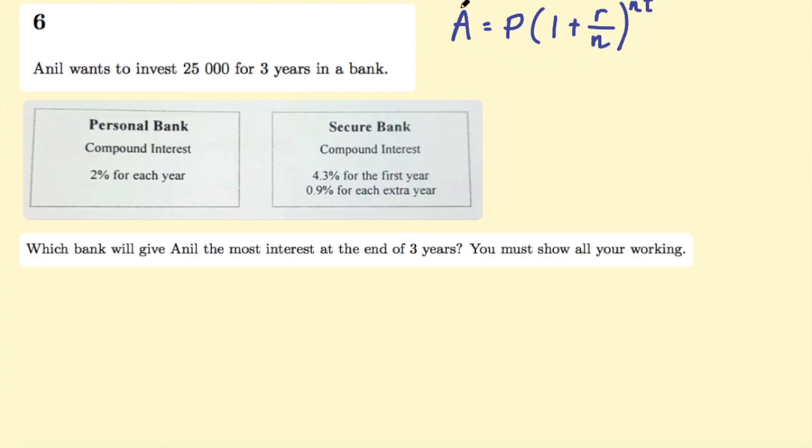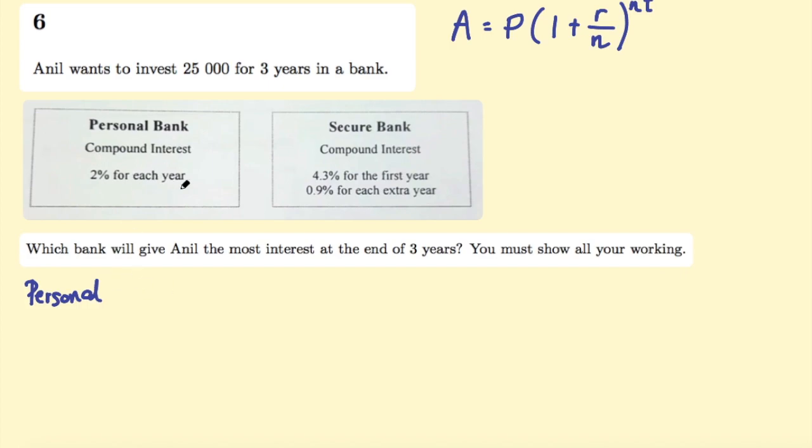And we can use this formula, or we can do it without the formula. It's up to you. I'm going to use this formula because I believe it's good practice, but also you could simply multiply this amount by 1.02 three times and you get the same answer.